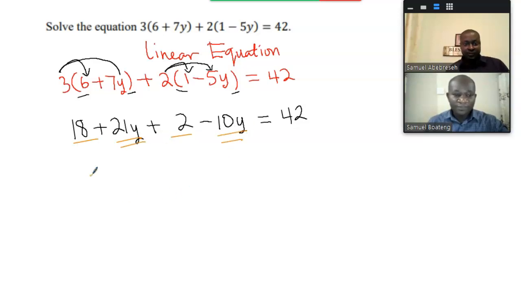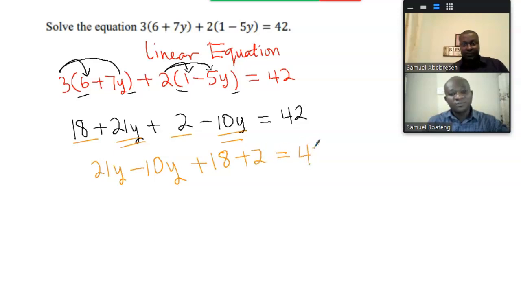So let's group them. 21y minus 10y, and 18 plus 2, equal to 42. 21y minus 10y will give you 11y, and 18 plus 2 will give you 20, equal to 42.